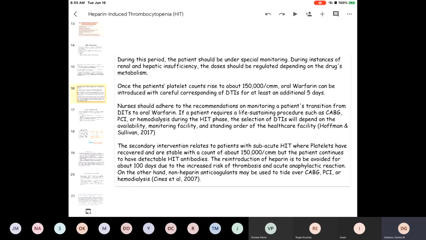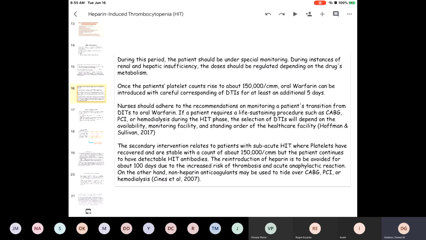If a patient requires life-sustaining procedures such as CABG, PCI, and or hemodialysis during the HIT phase, the selection of DTIs will depend on the availability, monitoring facility, and standing orders of the healthcare facility.